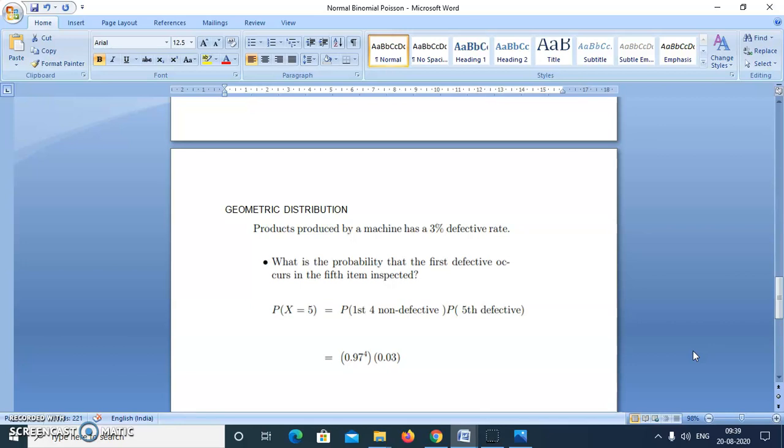Probability of success in this case is 0.03 and probability of failure is 1 minus 0.03. So the probability of getting the first defective at the fifth item is equal to 0.97 to the power 4 into 0.03. So like this we can solve different problems.